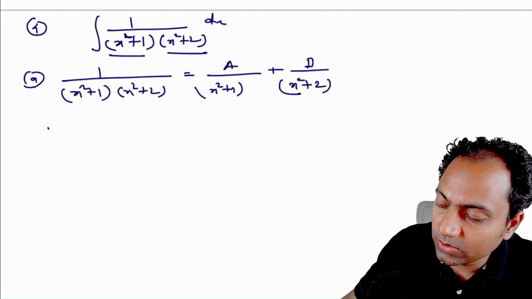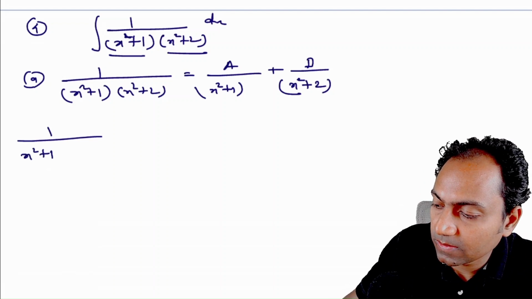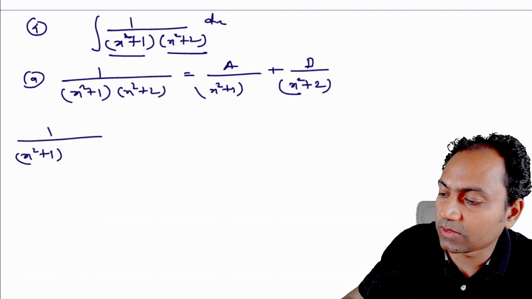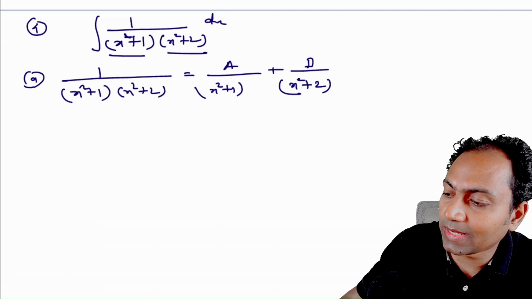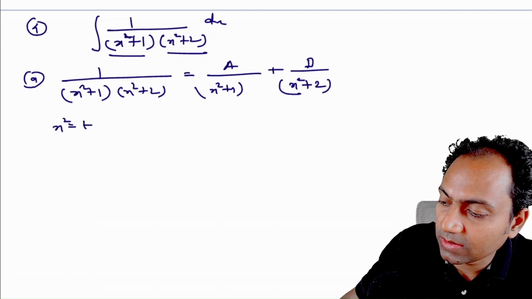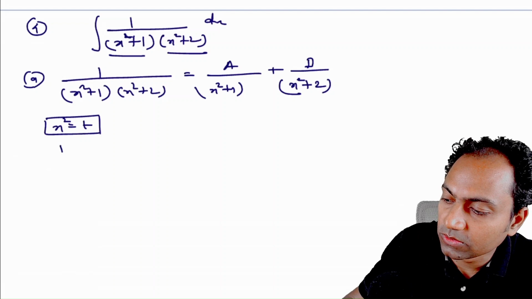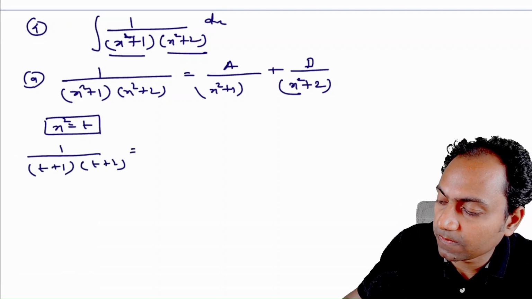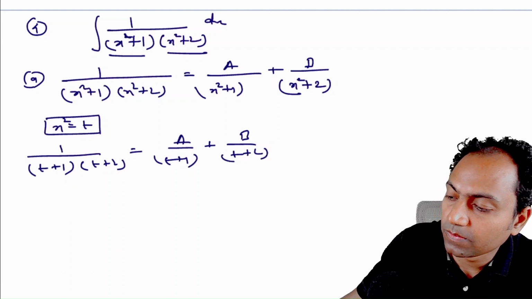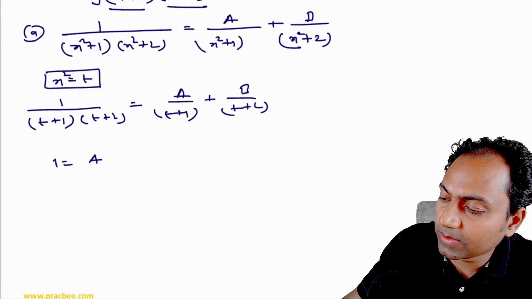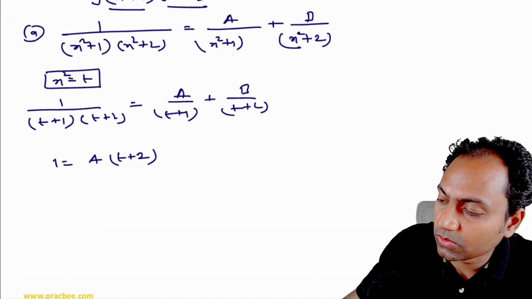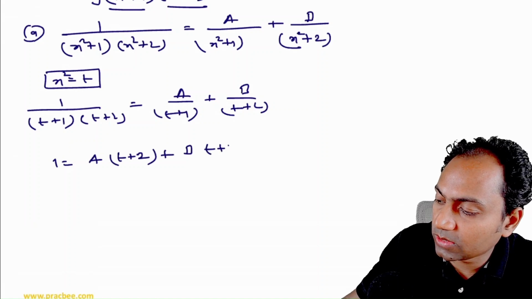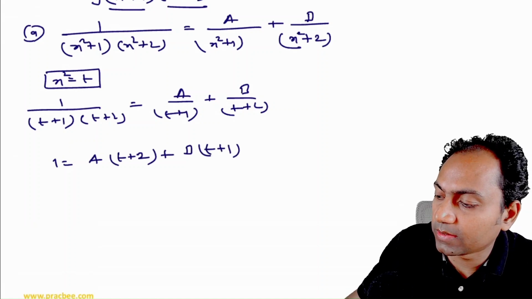Now again I will do the same thing as I did earlier. For the sake of partial fraction, you can take x square as t. So this will become 1 by t plus 1 into t plus 2. This becomes a upon t plus 1 plus b upon t plus 2. If I write it, it becomes a into t plus 2 plus b into t plus 1, and the denominators will get cancelled out.